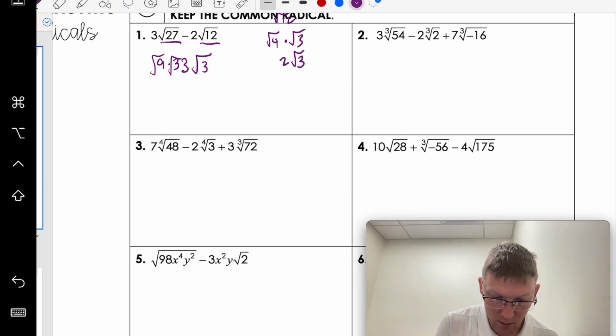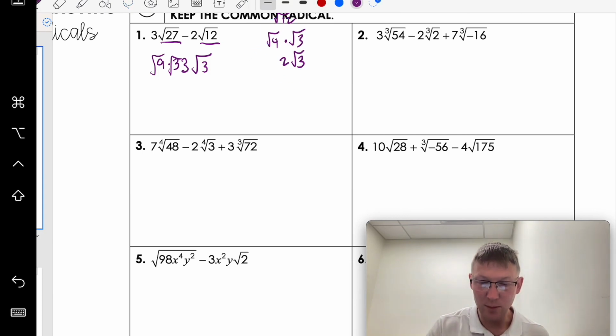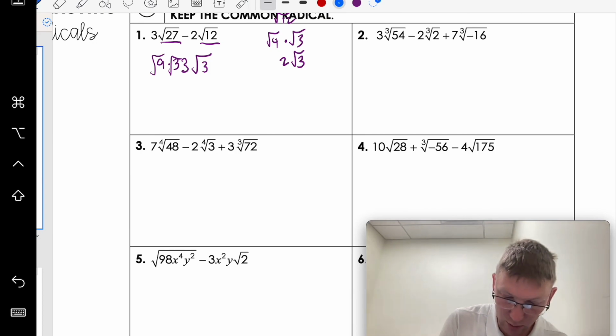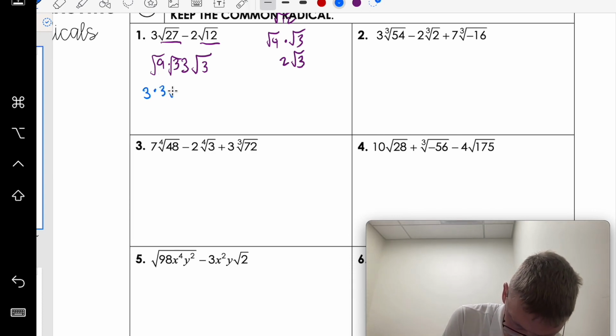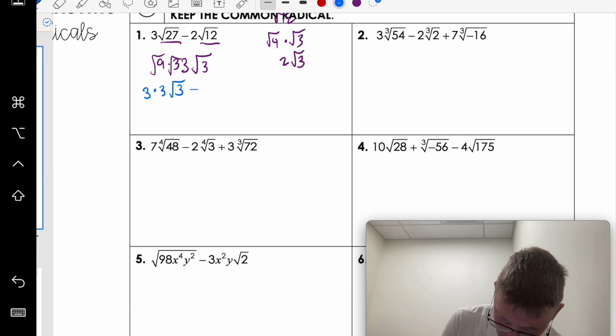And so now we can simplify. First we're going to simplify all of our radicals, and then we can actually do the math. So what we've got now is 3, that's from that one, times 3, that's from that one, square root of 3, minus 2, that's from that guy, times 2 from that guy, square root of 3.